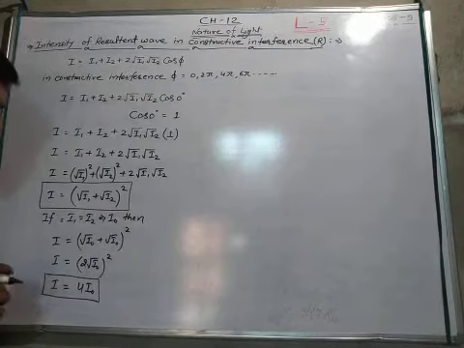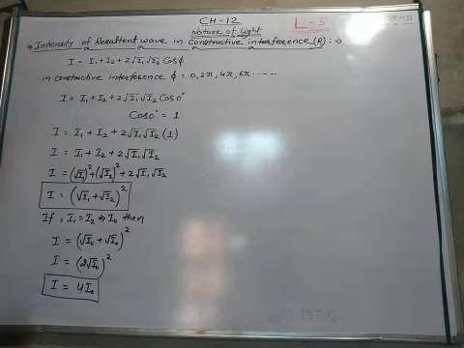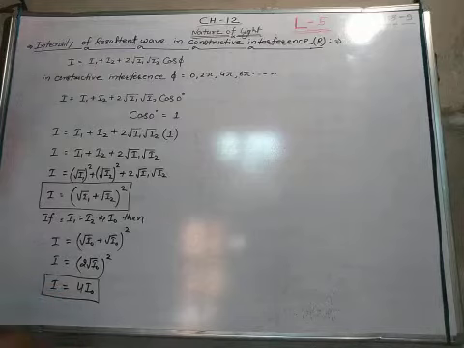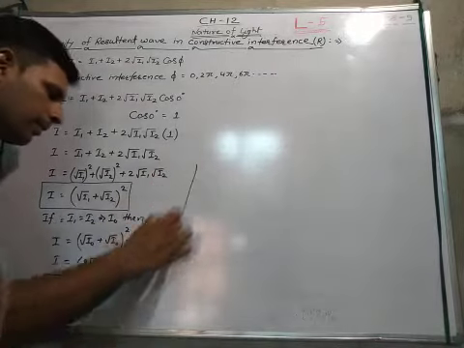It means if the intensity of both waves is the same, then the intensity of the resultant wave is 4 times the intensity of one wave. Okay?